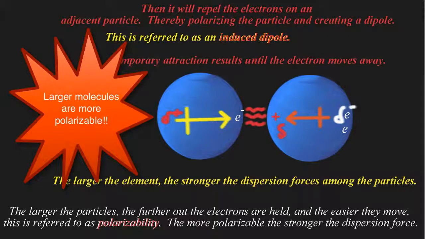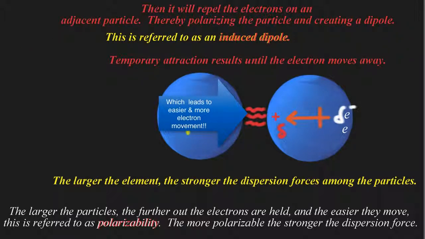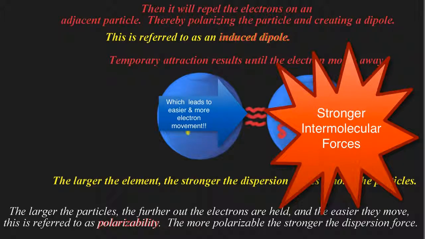There will be less instantaneous dipoles occurring. Whereas a bigger halogen, like iodine for instance, would have electrons that are loosely held on the outside, and they thereby can move more readily, creating larger dipoles and more of them, and therefore more London dispersion forces.